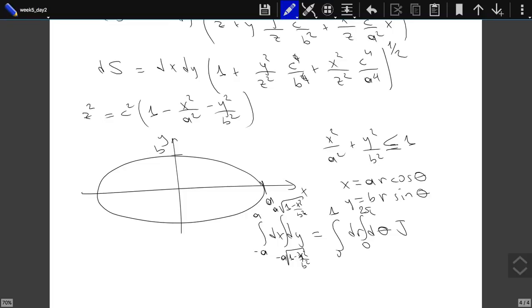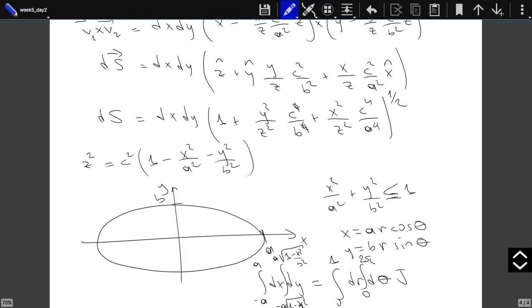With these new variables, your integral will be much simpler. Now you see ds looks quite complicated in terms of x and y. If you just define these variables, it will also simplify significantly. So the remaining integral will be much easier to evaluate.